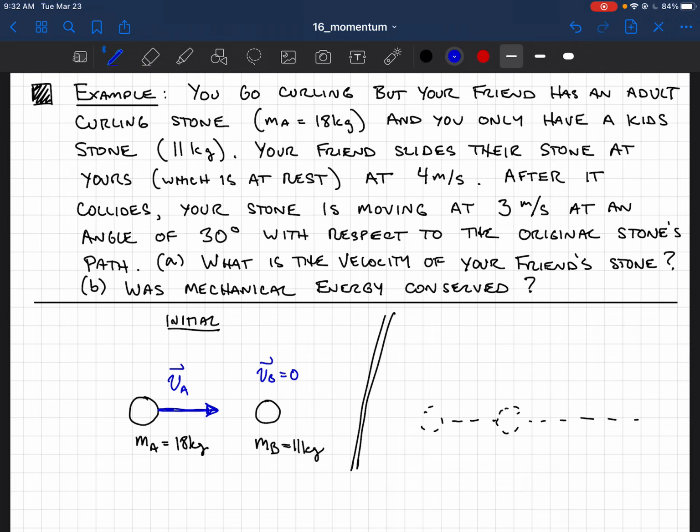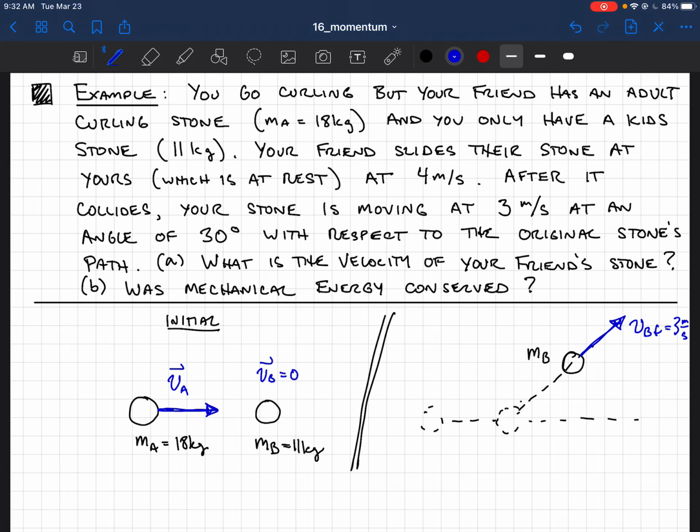So they collide, and then your stone goes off at 30 degrees. Well, we can have it go the same way. So your stone goes off at 30 degrees, and here it is. So this is MB, and it has a velocity along its path of VB final, and we know what its magnitude is.